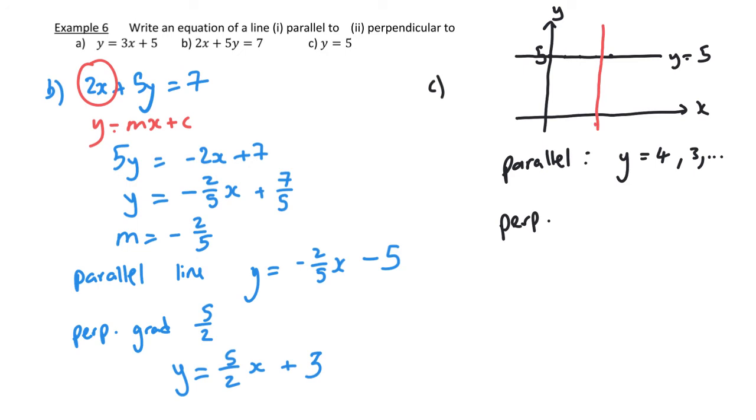Now that's going to pass, I'm going to say, through 3. Let's think about the coordinates there. So that's 3, 0, 3, 1, 3, 4, 3, 5, 3, 10. All the x values are 3. So a perpendicular line could be something along the lines of x equals 3, or 10, or 170, or whatever it might be.